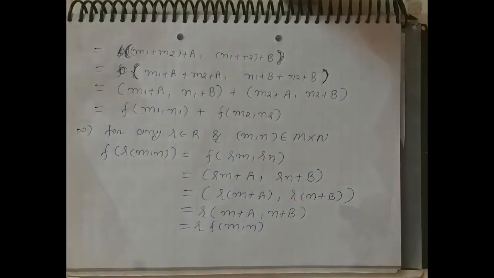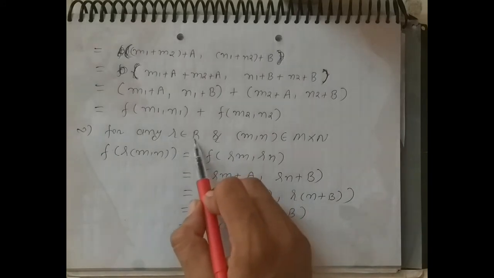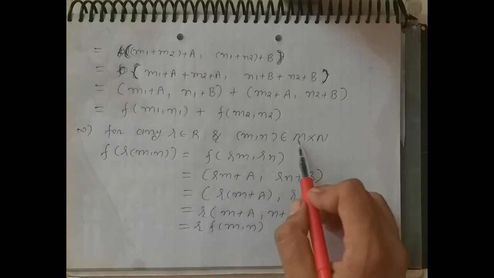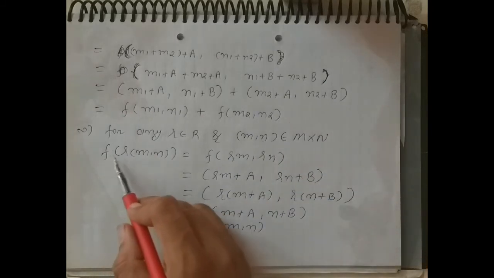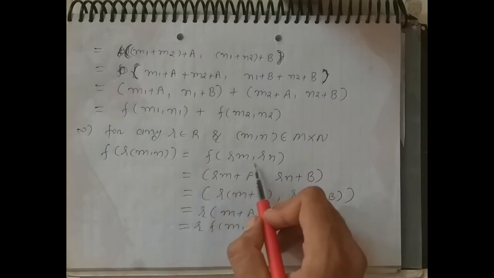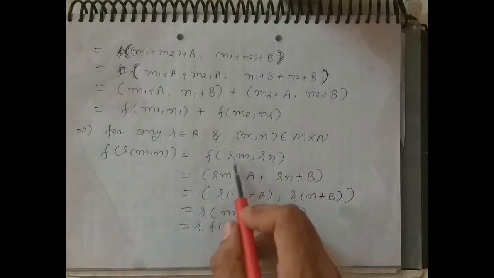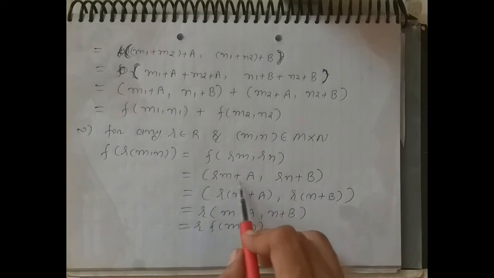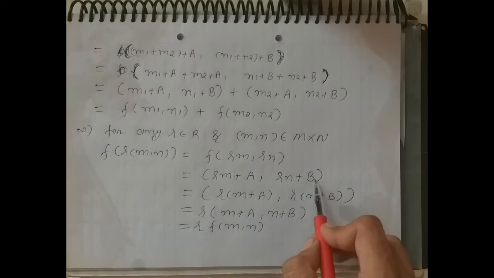Now let element r belong to ring R and (m, n) belong to M cross N. Now f of r(m, n) is equal to f of (rm, rn). Now again apply the map f, we get (rm plus A, rn plus B).